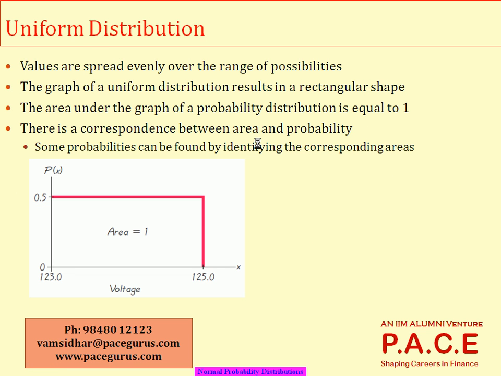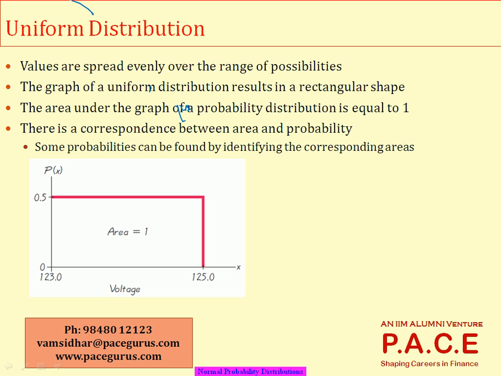All right. Now, before we go into details of the normal distribution, we need to understand one more concept, which forms the base for the standard normal distribution, which we will discuss in the next slide. We need to understand what is called a uniform distribution.